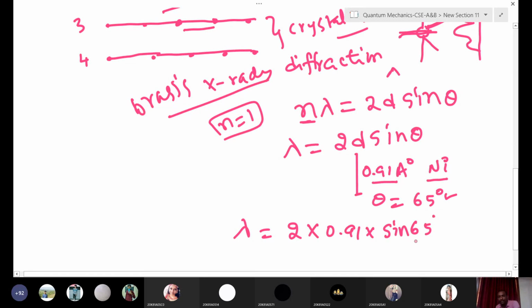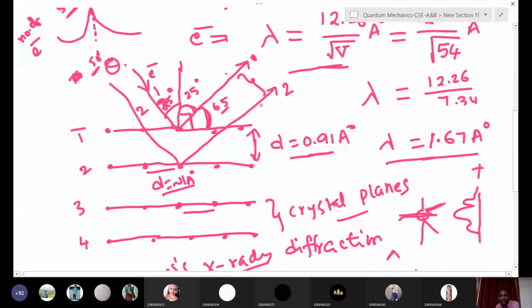Theta here means the diffraction angle, that is, the angle at which we observe the diffraction phenomena. That is the Bragg's diffraction angle. At 65, we are observing diffraction phenomena.